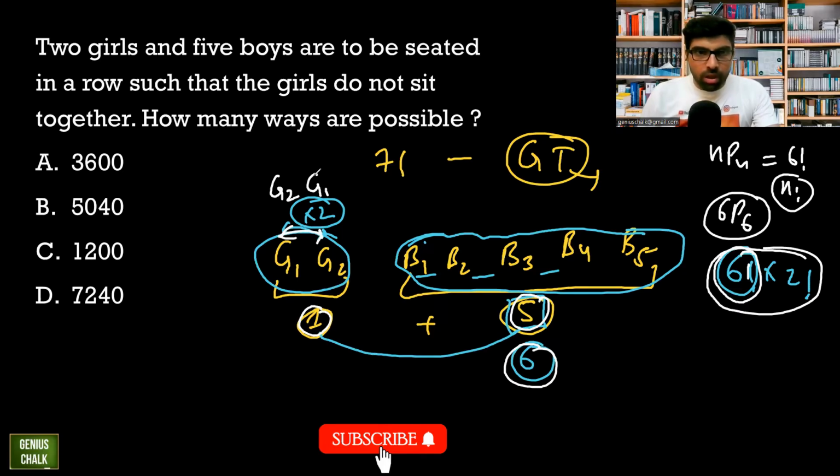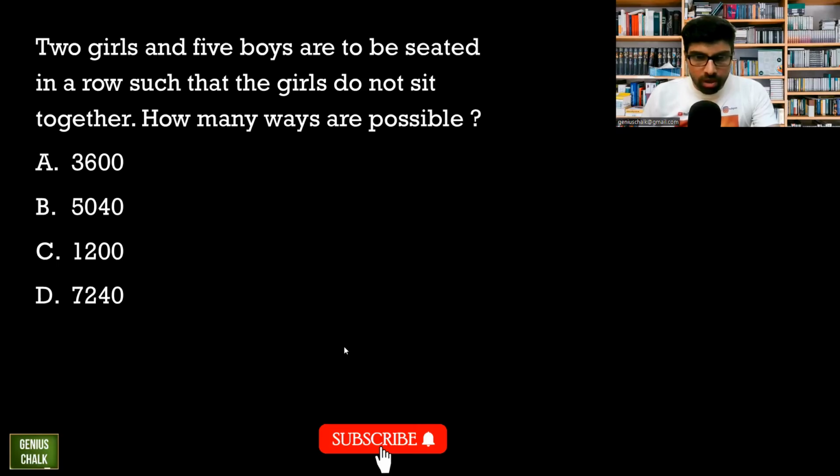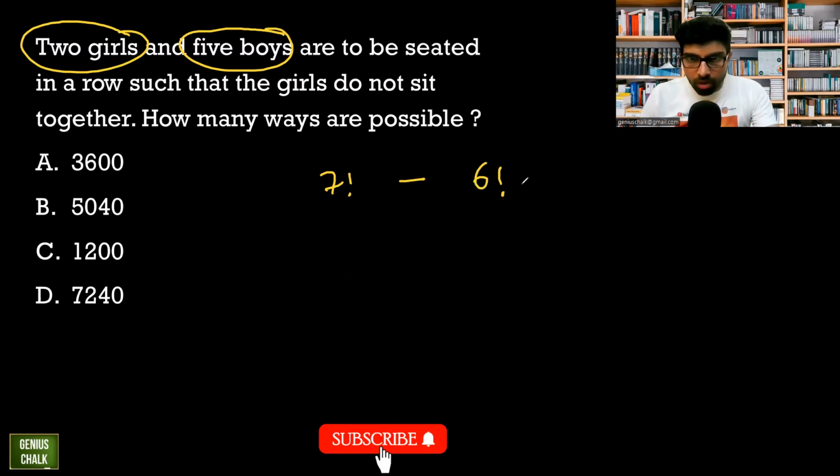Now the total ways were 7 factorial, as there were 5 boys and 2 girls sitting. And the total girls-together ways were 6 factorial into 2 factorial. Just subtract. 7 factorial is 5040.